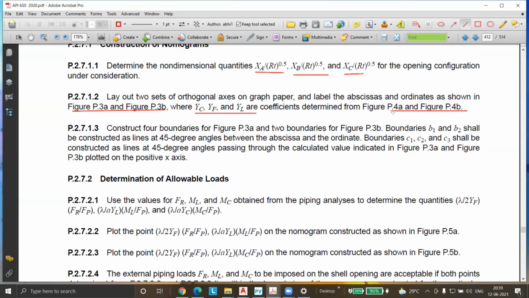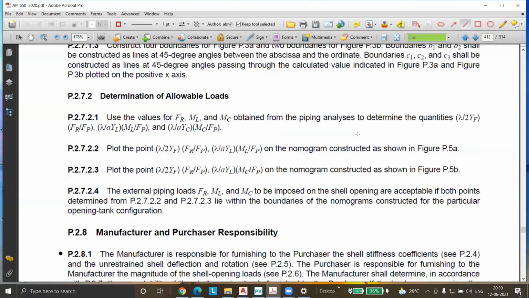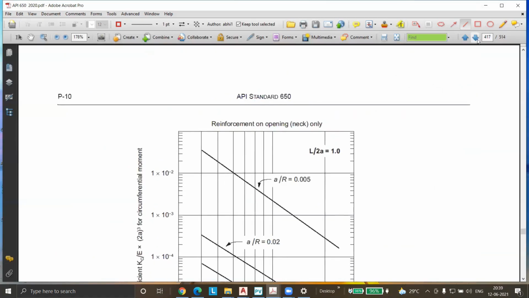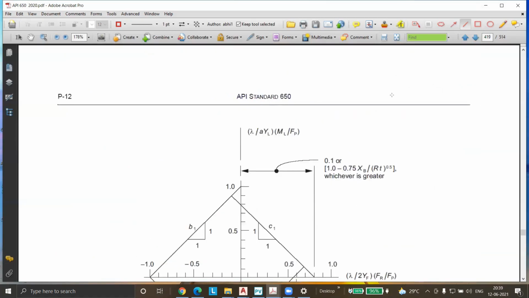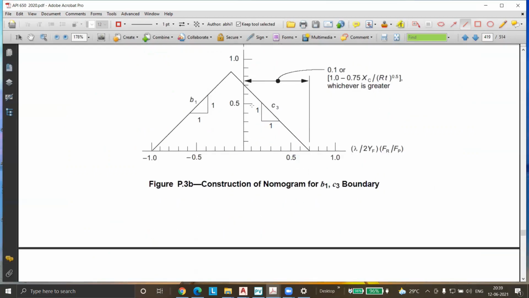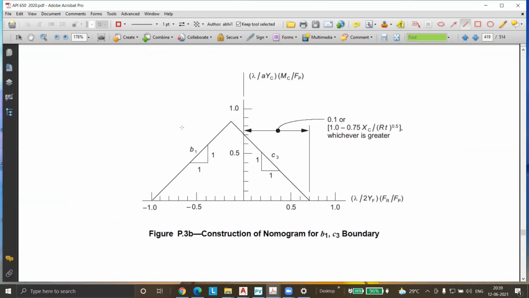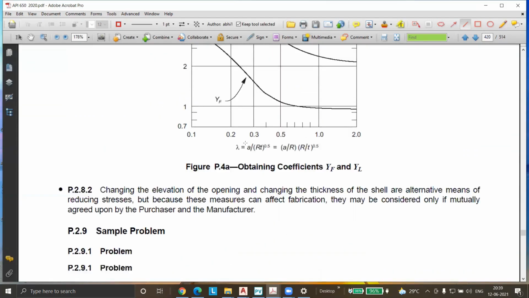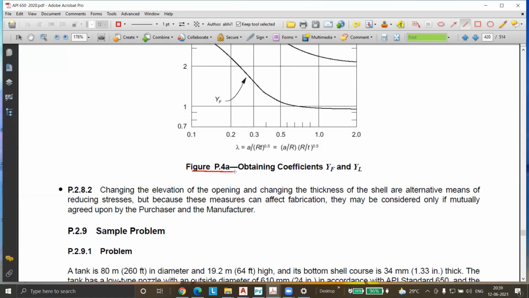So if we go to P.4a, basically 4a will give us the YF and YL value.